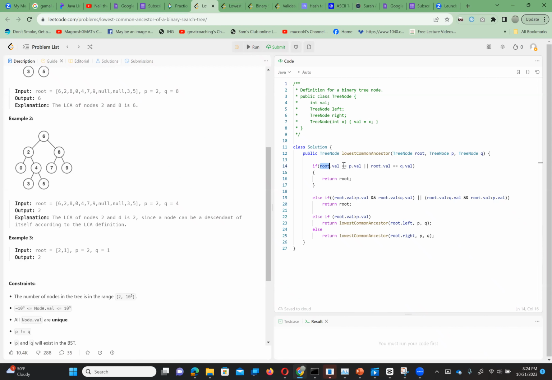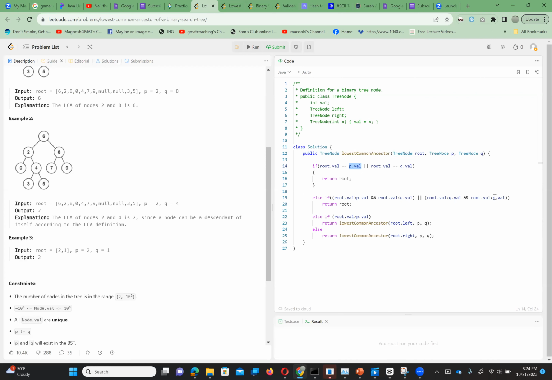Okay, so if the current node's value is equal to P's value, or the current node's value is equal to Q's value, so I have reached any of the values, then I can immediately say, okay, this itself is the lowest common ancestor, because from the definition, any node can be a descendant of itself, right? Okay, and then else if the current node's value is greater than one and less than the other, or greater than the first one and less than the second one, right?